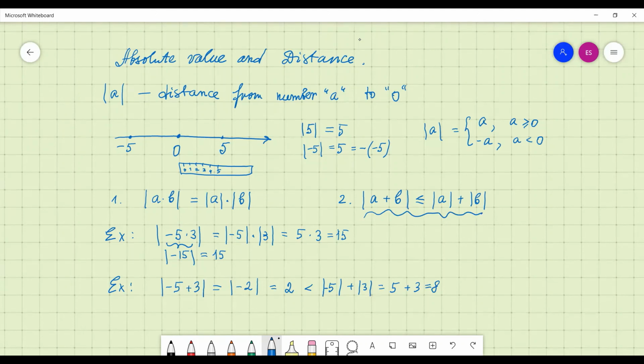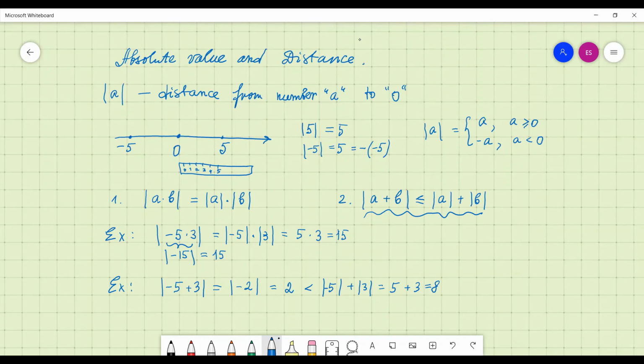Why does it happen actually, guys? Here, plus and minus are working in opposite directions, right? Minus is moving you to the left and plus is moving to the right, and the result is actually minus 2. And the sum of each number's absolute value separately is going to give you something bigger. It's not always going to be bigger, but remember we have an equal sign here.